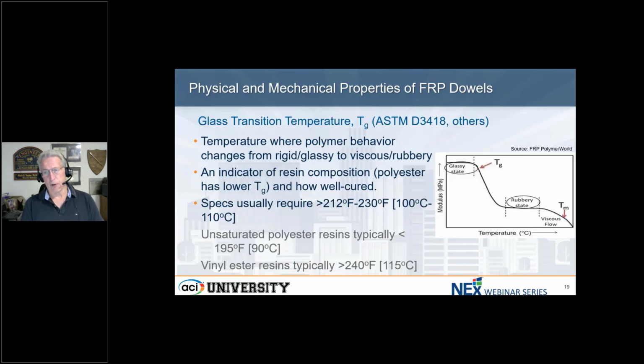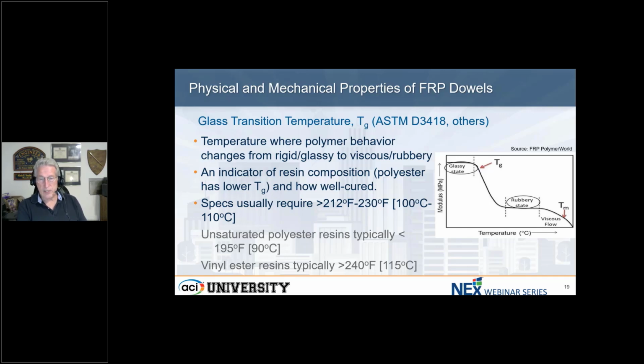Glass transition temperature is measured by ASTM standard test D3418, and there are a few other ones as well. This is defined as the temperature where the polymer behavior changes from a stiff, rigid, glassy material to a viscous or rubbery material, as you see in the graph on the right-hand side here. There's the Tg designated by the arrow there. And that is an indicator of a couple of things.